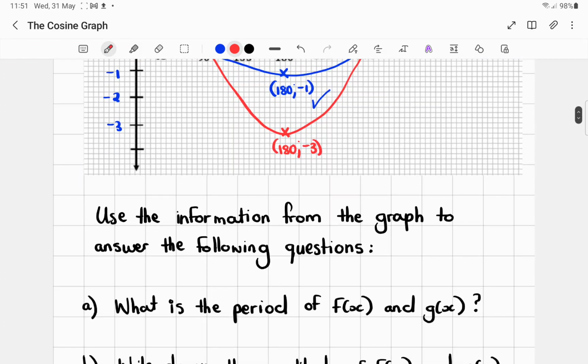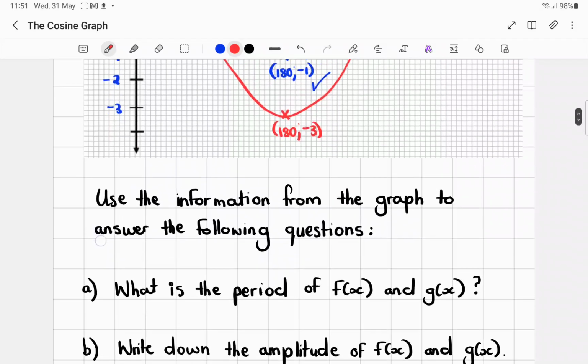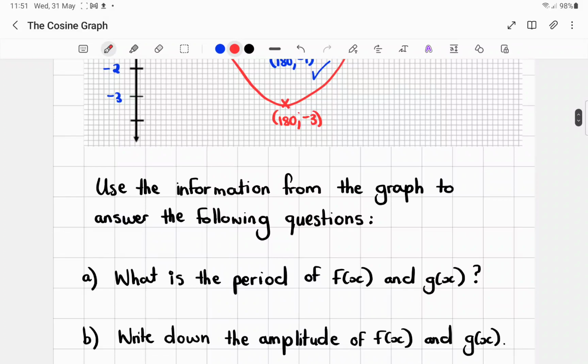Okay, so let's quickly have a look what types of questions we can ask you. So what is the period of f of x and g of x? So the same as the sine graph, it will always be 360 degrees. Okay, so the period again is how many degrees does a graph run through before it starts repeating itself.